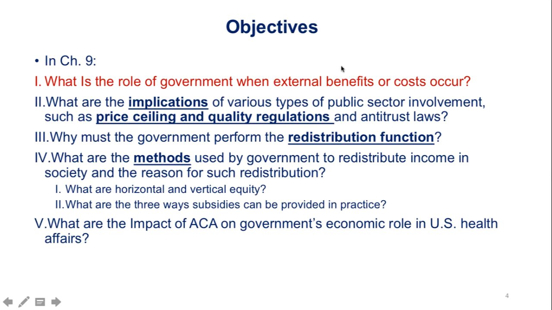So the objectives of this chapter are to look at the role of government in medical care when there are external benefits and costs.